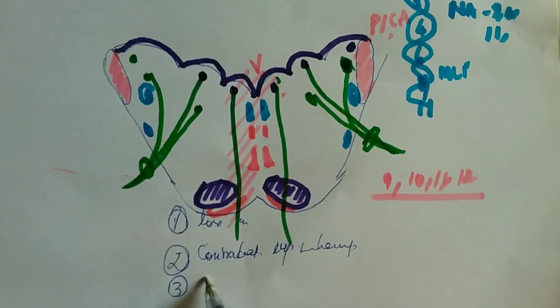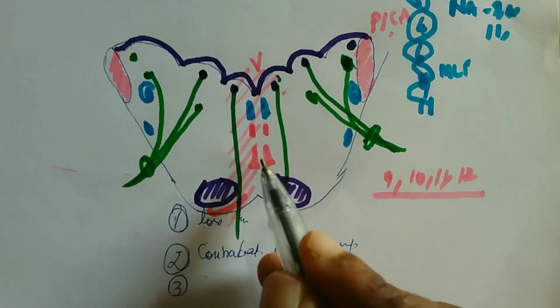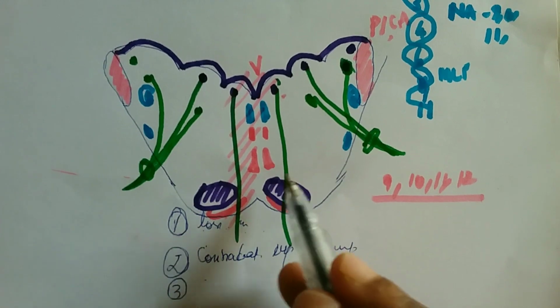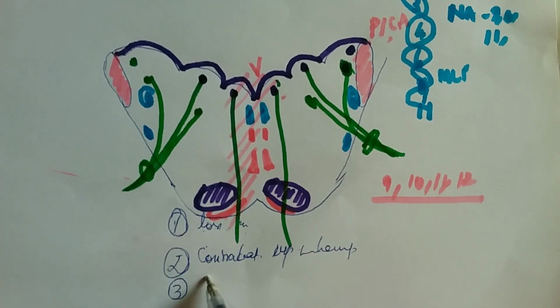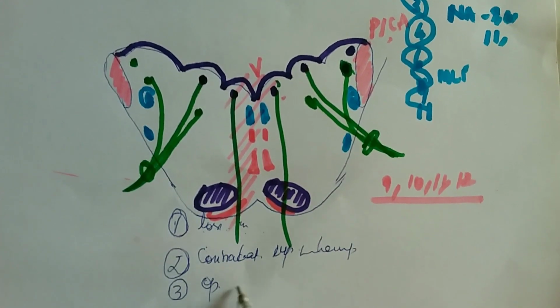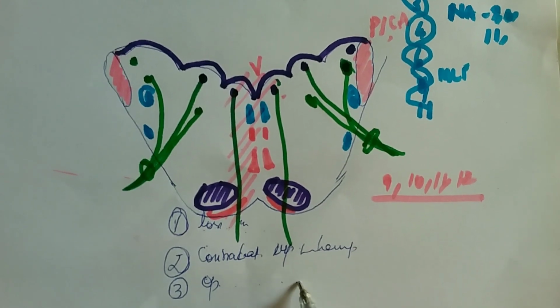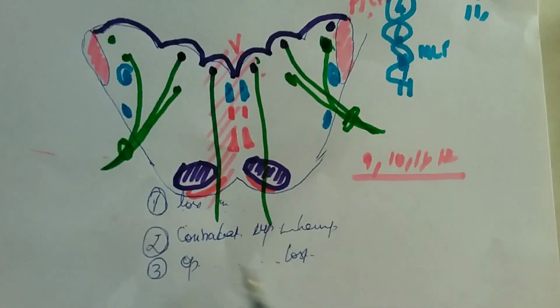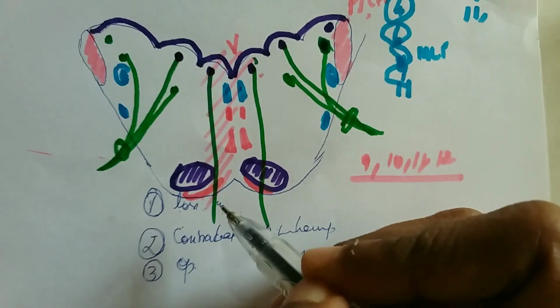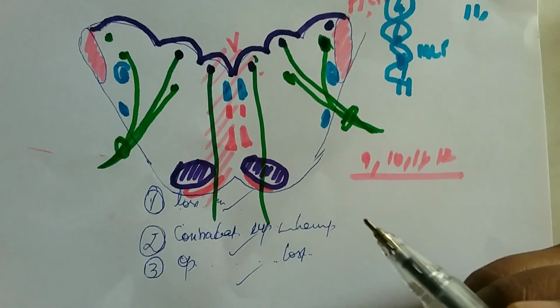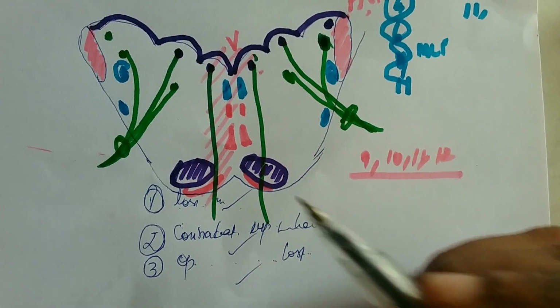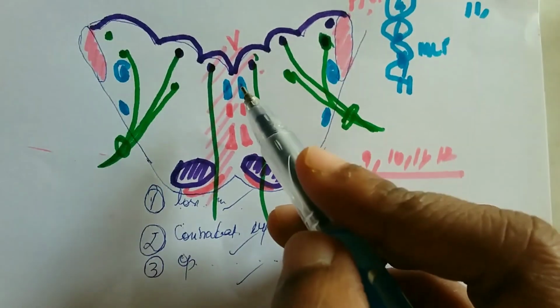Medial lemniscus carries proprioception. I have already told you medial lemniscus is a crossed tract in the medulla. So opposite side, position, joint, vibrations and everything will be lost. Understood? Okay, so only the hypoglossal nerve is on the same side. This is called medial medullary syndrome. So one side, medial medullary syndrome.